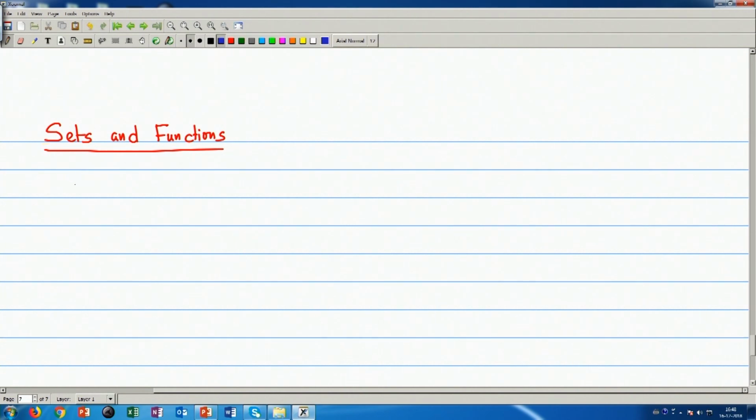We define set. In a very simple way, a set is an unordered collection of objects.